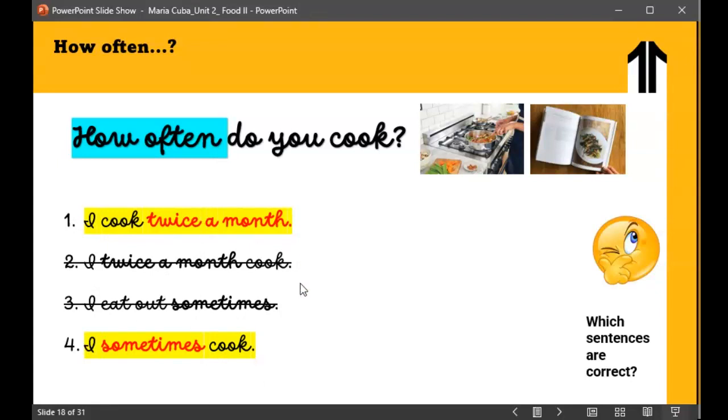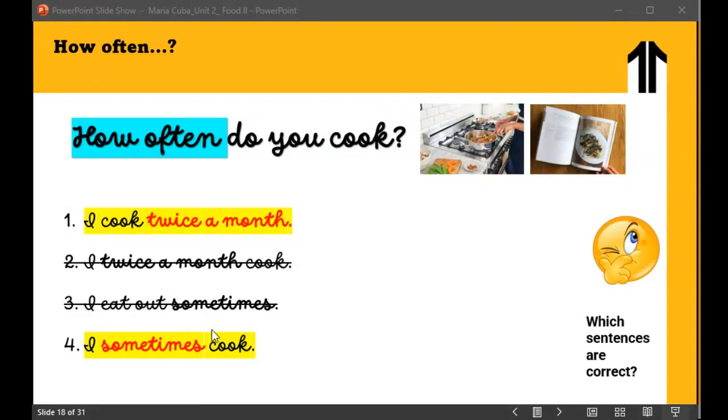Number 1 and number 4 were correct. Okay. Yes. I cook twice a month, and I sometimes cook. These are the correct answers. The first one is an expression. And in number 4, we have an adverb of frequency.